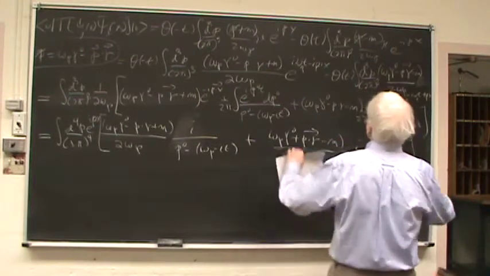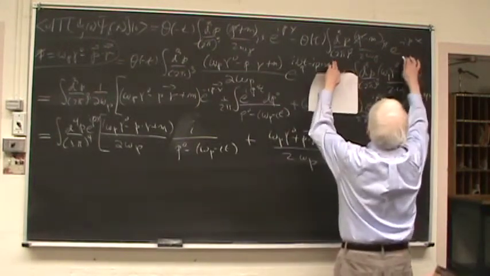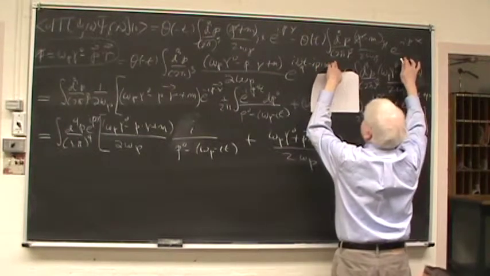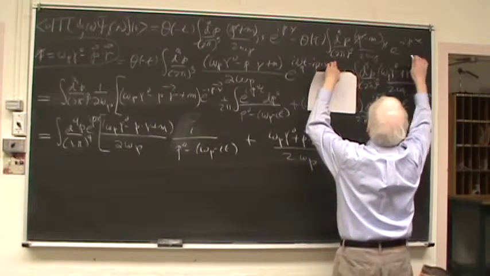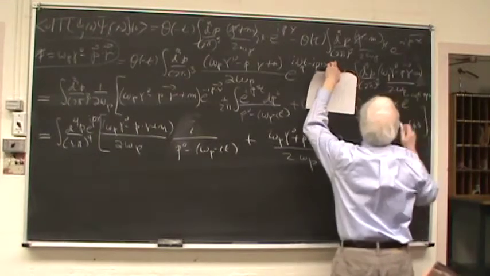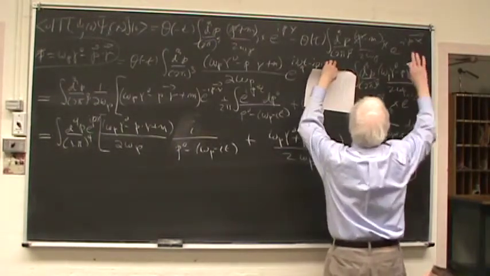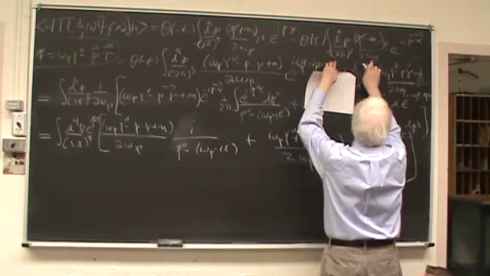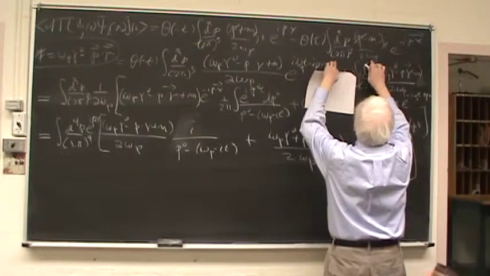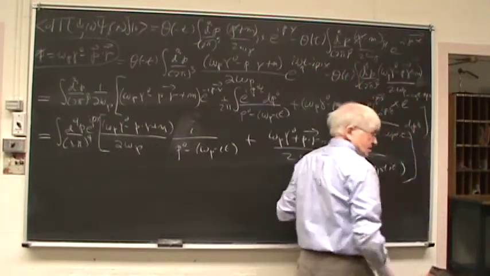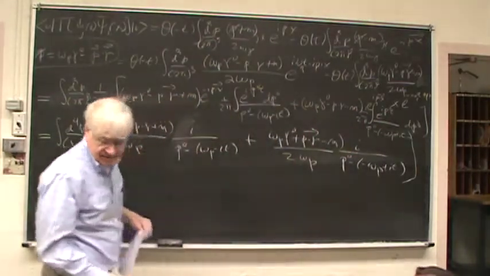Well, it's easiest if we just look at the thing when it's isolated here. And there, we just have an integral d cubed p. This is a three-dimensional thing. This doesn't depend upon the sign of p vector. And so if we just flip p vector, we get the minus there, and we get a plus there. That's all.